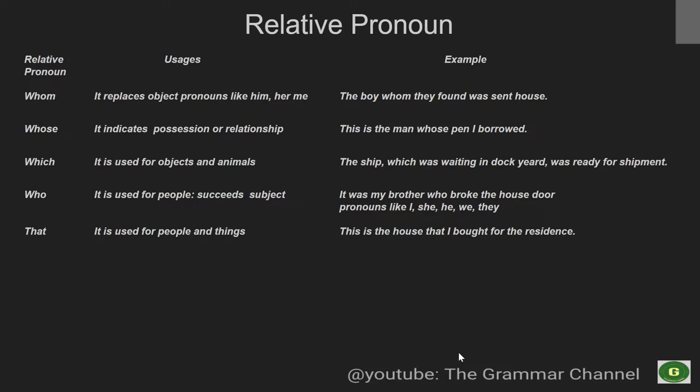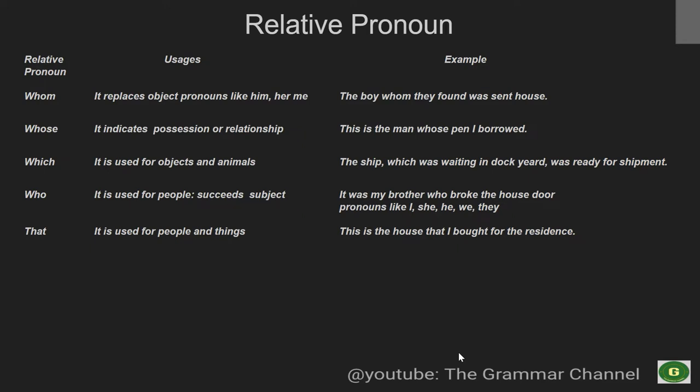As you see on the page, the first relative pronoun is whom. Whom refers to people. So how to use the relative pronoun whom in a sentence? It replaces object pronouns like him, her, me, and all that. The example sentence: the boy whom they found was sent home.